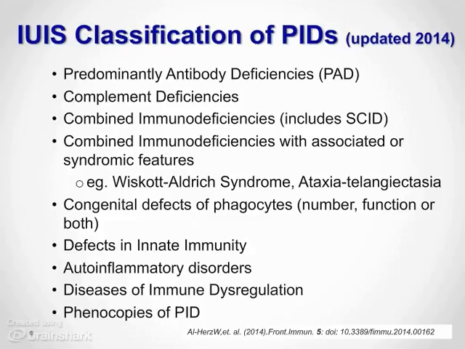The combined immunodeficiencies with syndromes are the diseases for which the genetic defect is known and has a wide range of effects. The newest category is at the bottom, phenocopies of PID, which represents inherited immunodeficiencies that are not due to germline mutations but arise from acquired mechanisms.